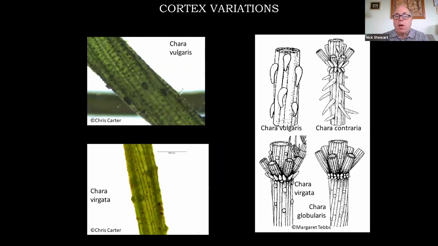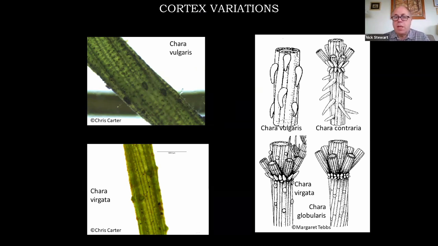So the next thing to look at, and this becomes particularly important in these not very spiny ones, or if they have spines, they're single and blunt. And there are 4 species in this group, and these are the characters that you'll find if you look in the handbook.